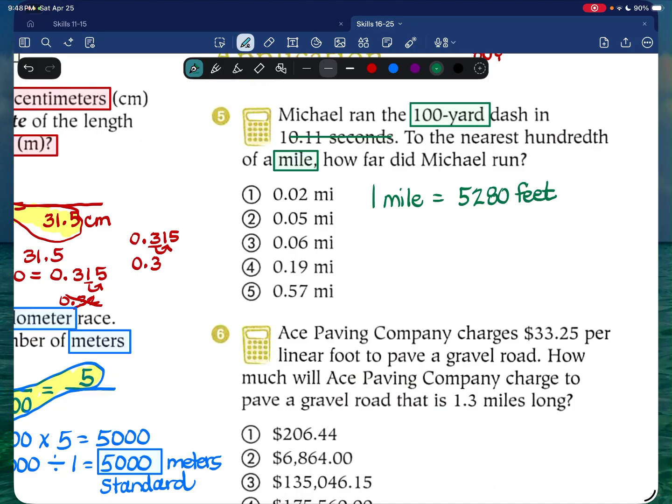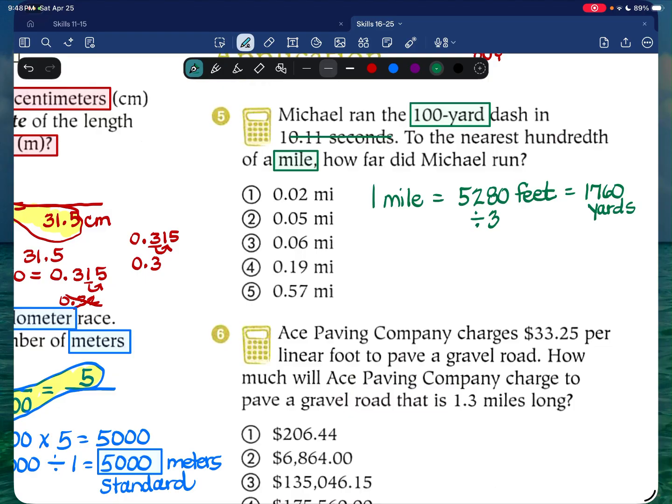So I'm going to divide 5,280 by 3. And remember, you can use your calculator. And that gives me 1,760 for yards, because there are 3 feet in every yard.